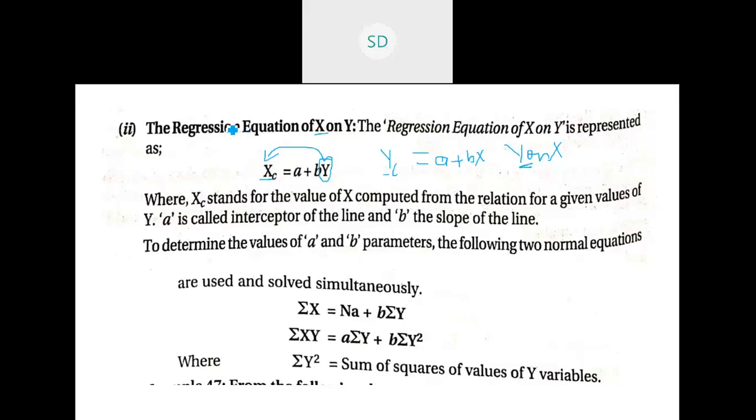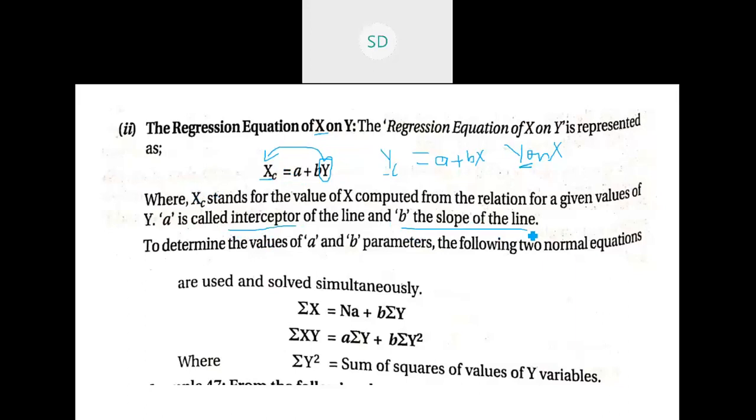In the equation x on y, the value of y will be given, where you will be able to find the value of x. And the rest of it is all pretty much the same. That is, a is called the intercept, and b is called the slope of the line.